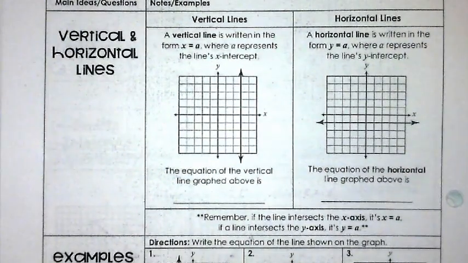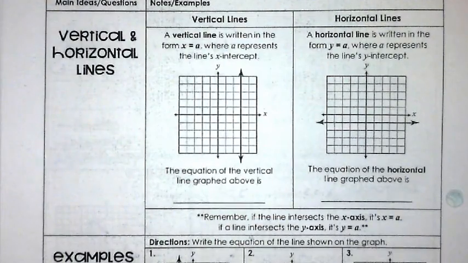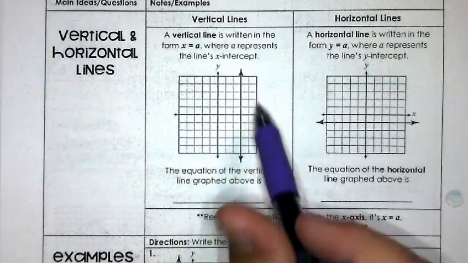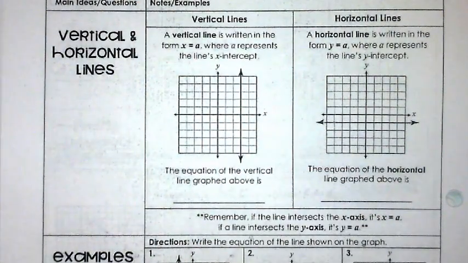So whenever you have a vertical line, you will only have an x-intercept, because a vertical line will never cross the y-axis. It will never cross it. That's the important part, the crossing part. It'll only cross the x-axis. I could have a vertical line on the y-axis, but it never crosses it. It's just on it. There is a difference.